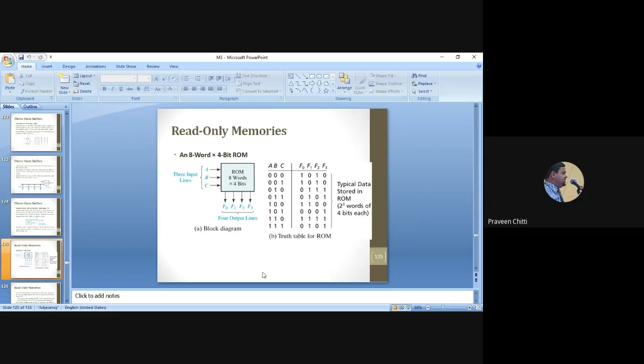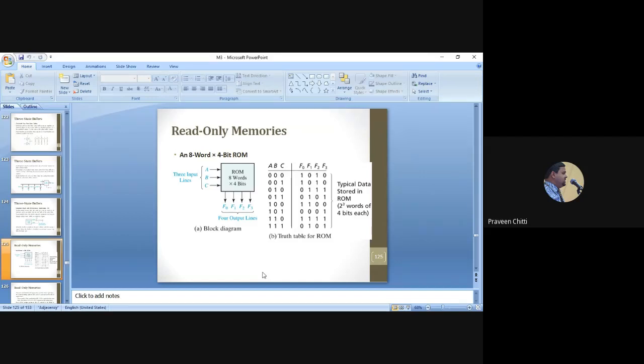The first memory location is accessed by the address 000. Like that, the last memory location can be accessed by the address 111. Already some data is stored. Data stored in the ROM is shown there, and I am asking what is stored at the first memory location whose address is 000. 1010. Yes, exactly. 1010 is the content of the first memory location.